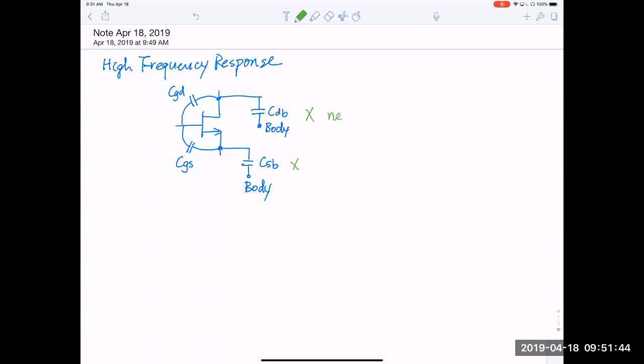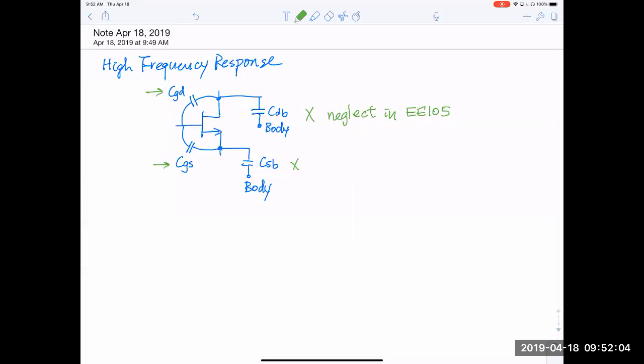Doesn't mean they are not important. They could become important, but generally the effect is smaller than CGS and CGD. So we're going to focus on these two capacitors here.